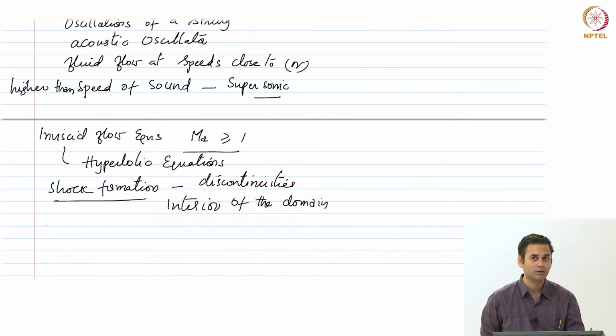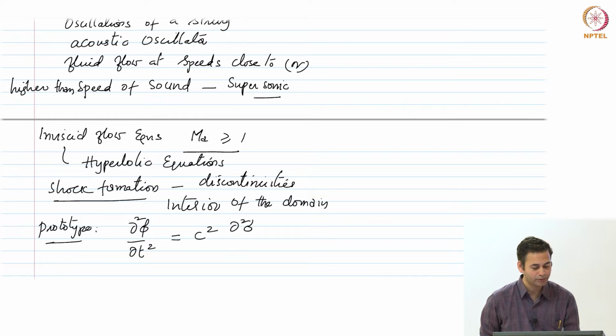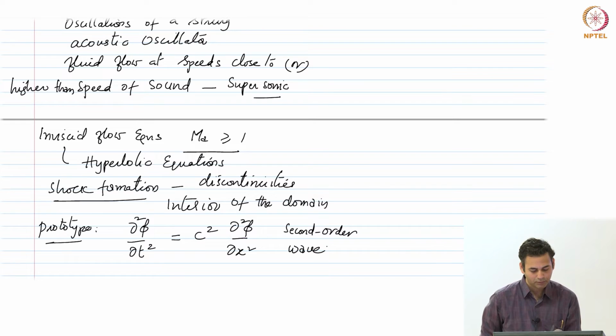Now, what will be a prototype equation for hyperbolic equations? Any guesses here? What will be a prototype equation? A wave equation, right? Essentially, if we have a second order wave equation, del square phi by del t square equals c square del square phi by del x square, okay. So, this would be a prototype equation which is a second order wave equation, okay, which describes the oscillations of a string.